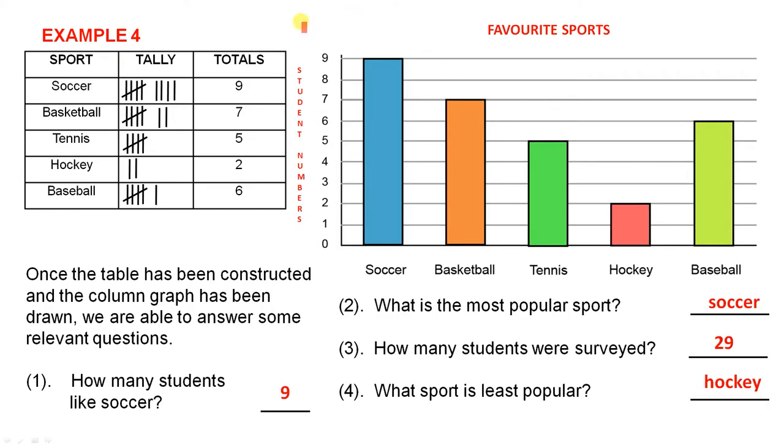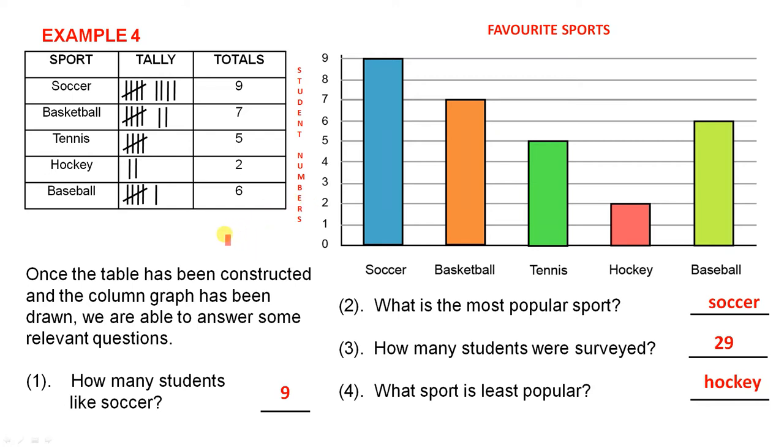Example 4. Here we have another little survey showing 5 different sports, and that could possibly be the number of students who play that sport, say in a given class. So they'll be the student numbers, for example.